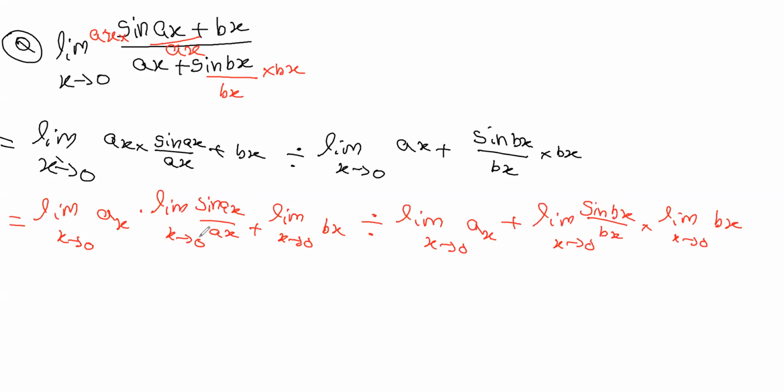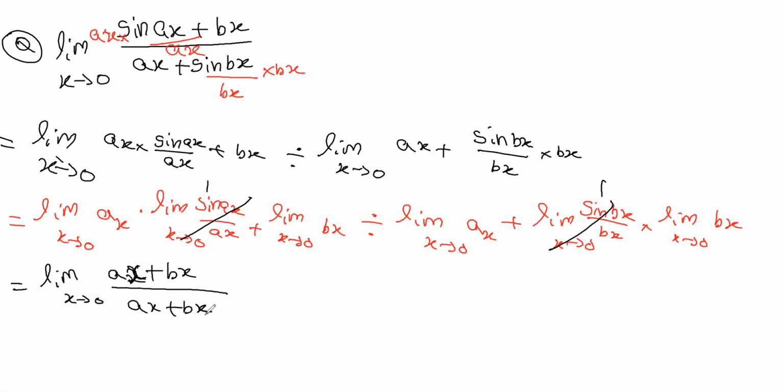Now we know what will happen. This all becomes 1. This all becomes 1. Which equals limit x tends to 0 of ax plus bx divided by ax plus bx.